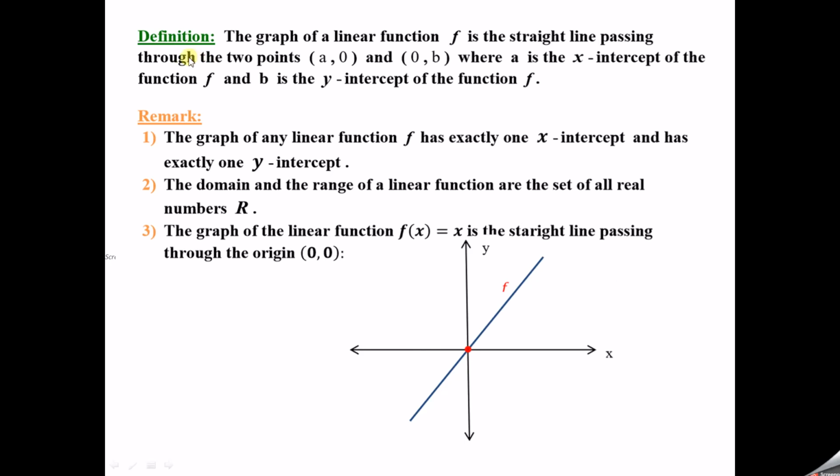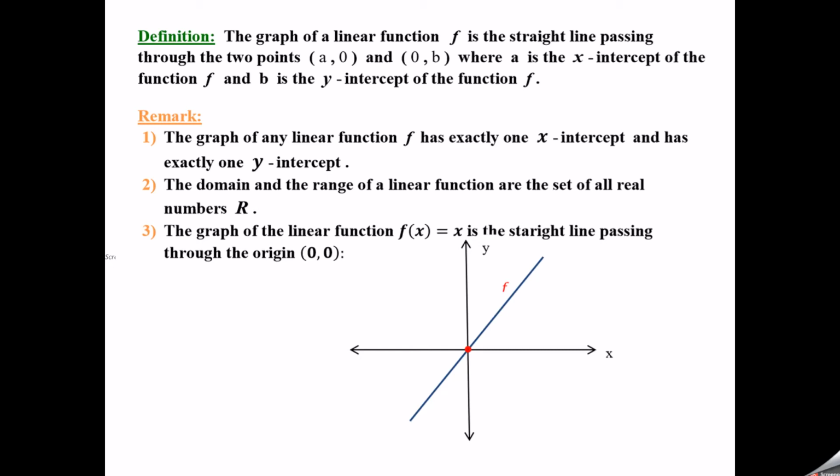Now let us look at the definition. The graph of a linear function f is the straight line passing through the two points (a, 0) and (0, b), where a is the x-intercept of f and b is the y-intercept of f. So for any linear function like this, ax + b, it is always a straight line and it passes through two points.